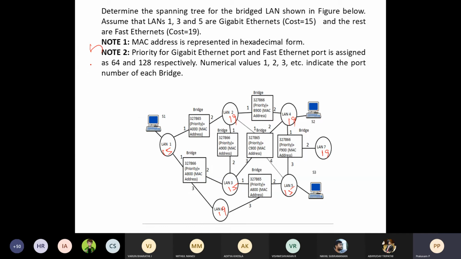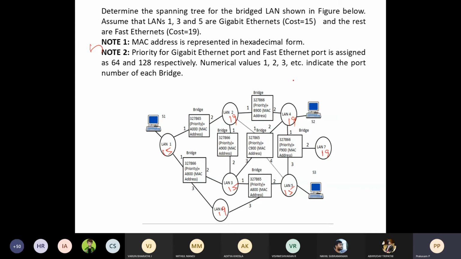MAC address is represented in hexadecimal form. In all the previous problems we have seen bridge 1, bridge 2, bridge 3, bridge 4. But here, it is priority plus MAC address, priority plus MAC address, for each bridge. We are not directly giving B1, B2, B3; we are representing them using a MAC address.